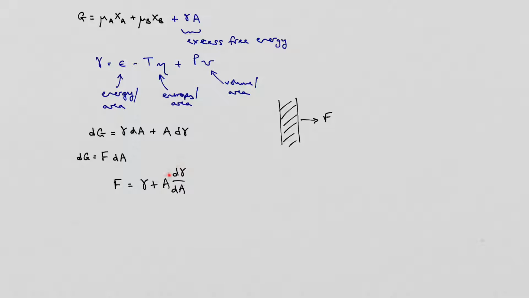Now just think about this term here. This is the rate of change of the coefficient here, the excess free energy per unit area, with area. Now, if you have a liquid, then when you create extra surface area of interface, the structure doesn't change because the liquid can move around and reorganize itself all the time. So for a liquid, this term is 0.